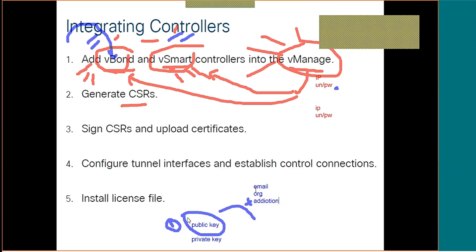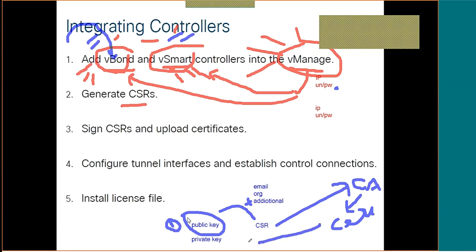So this additional information plus the public key will both be sent into a CSR, certificate signing request, and this certificate signing request will be sent to the certificate authority. The CA will then sign the CSR into the certificate, the certificate will be returned, and the certificate will be installed into these devices.